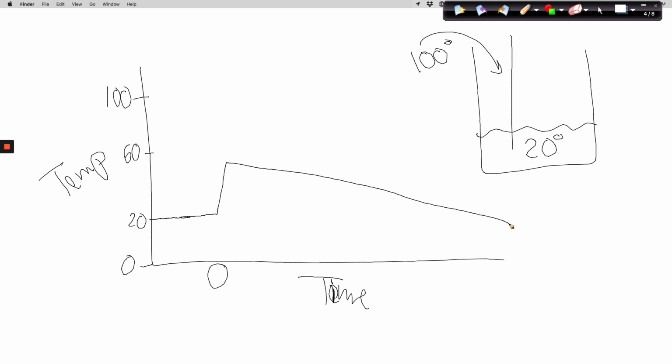But follow this logic. This is brilliant. Ready? Why does the temperature go down over time? Energy is being lost through the calorimeter. But let me ask you a question. This is cool. Does the loss of energy actually begin after the hot water is dumped in?